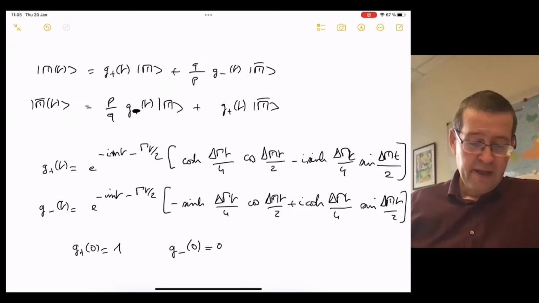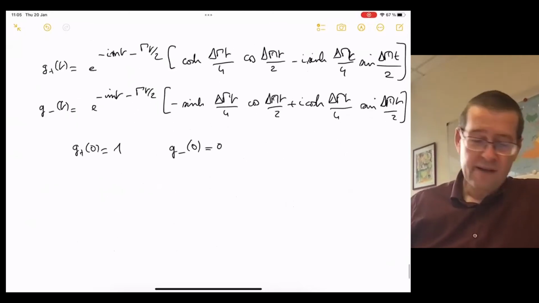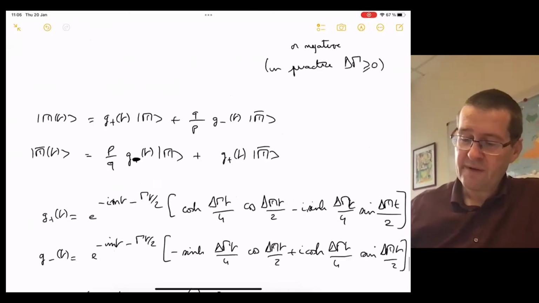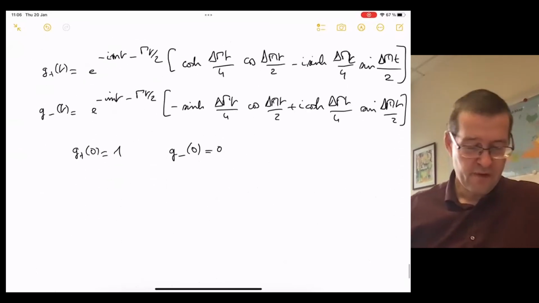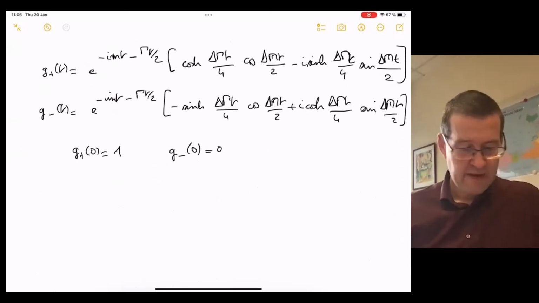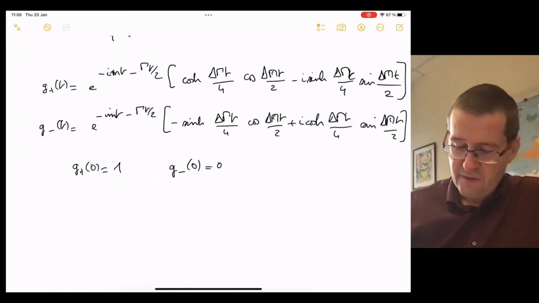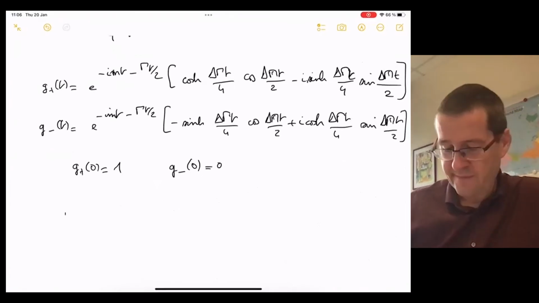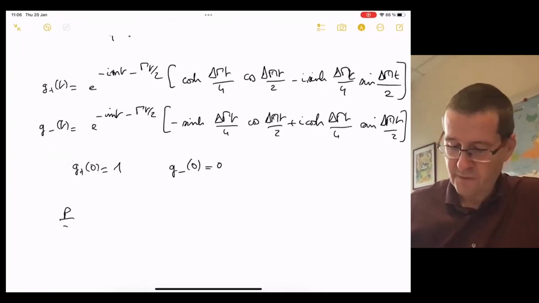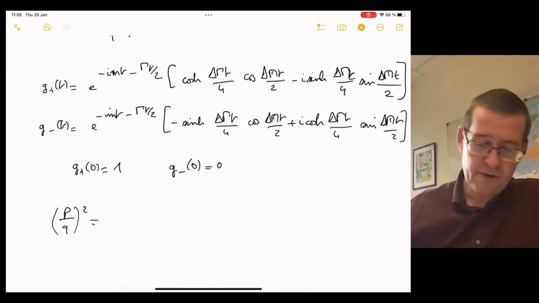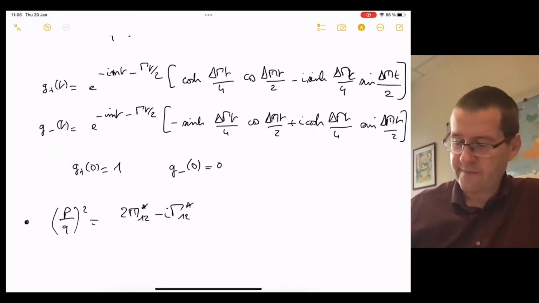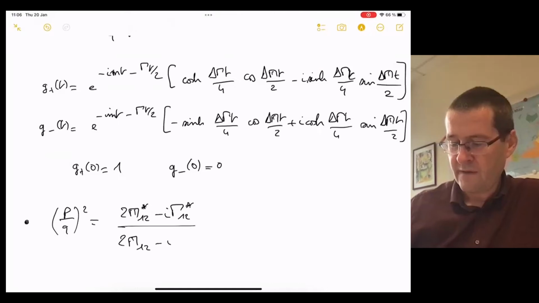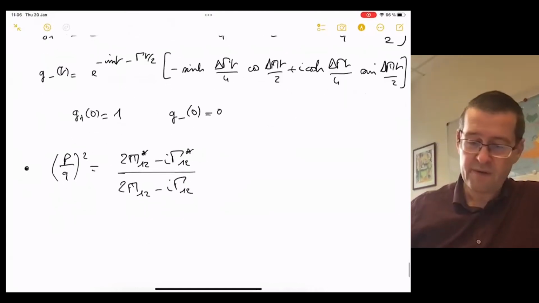And then you can relate finally the components of your linear combinations. So you can show that P over Q squared is actually given to you by the off-diagonal matrix elements.